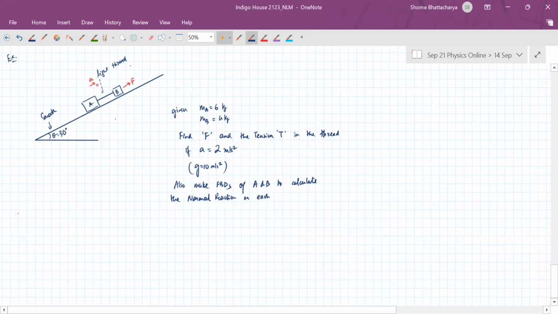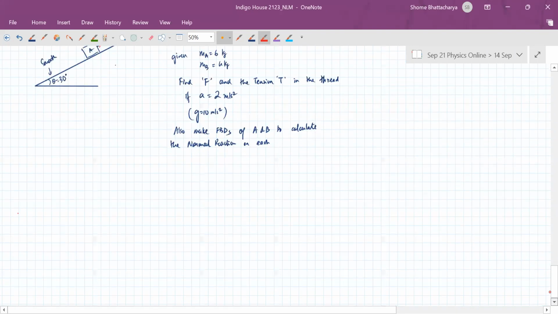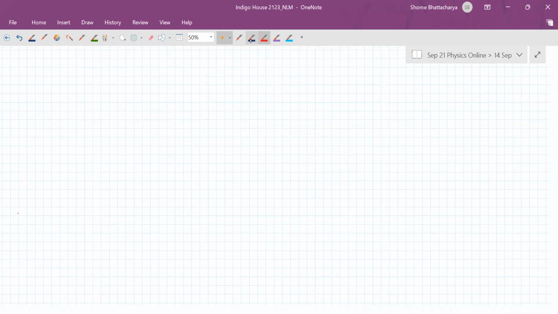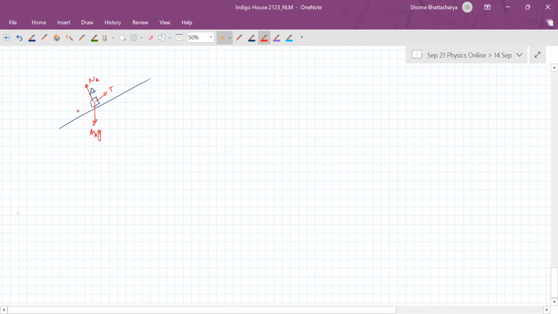So see that it's a light string, so tension will be acting like this. So now this is where the concept of free body diagram becomes very important. For example, if you see on the block A, the forces acting are its weight, tension T, and normal reaction like this, giving it an acceleration in this direction.